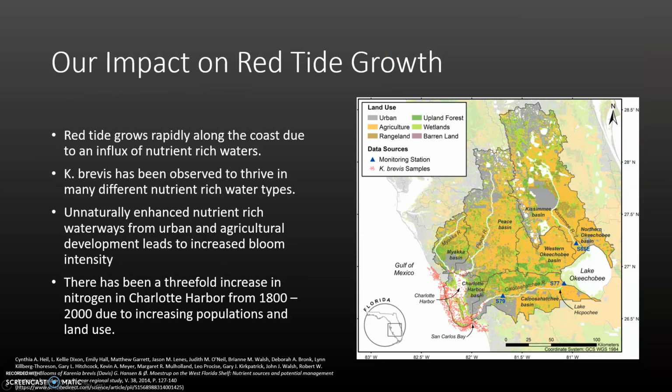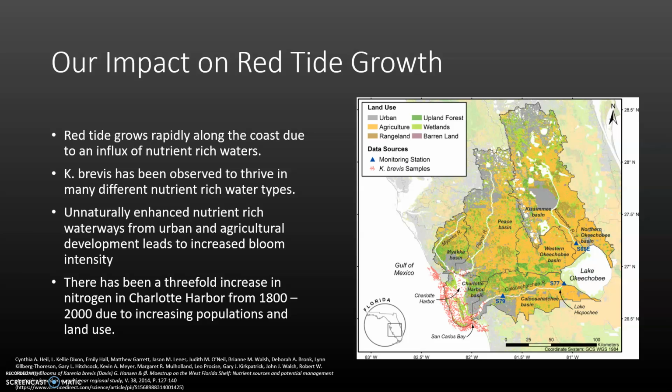So, our impact on red tide: it is a natural phenomenon, but it is also accelerated through man-made interactions such as when we put nutrient-rich minerals in the waterway. This can come from agriculture, from deforestation, as well as urban living and waste.